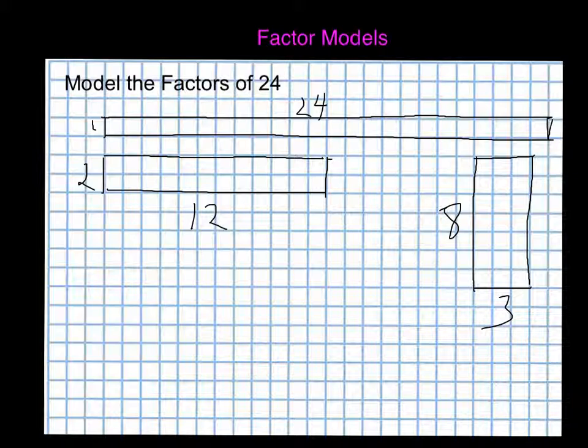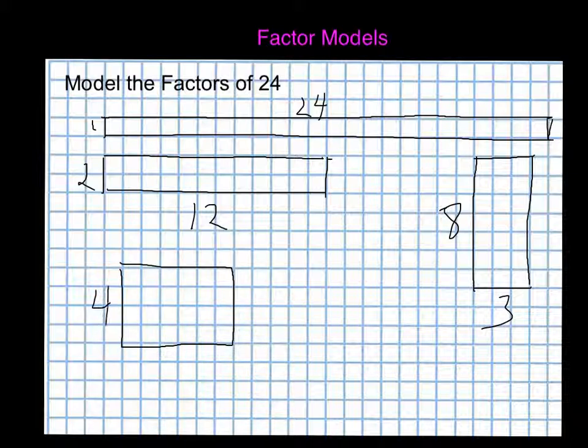So then we have our factors of, let's see, so we have 1 and 24, 2 and 12, 8 and 3. Let's see, 4 times something, 4 times 6: 1, 2, 3, 4. We're going to go over 6: 1, 2, 3, 4, 5, 6.